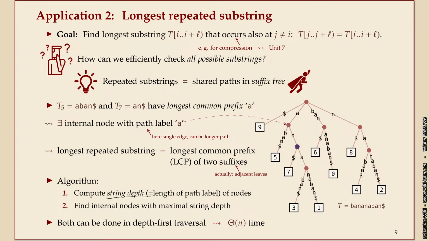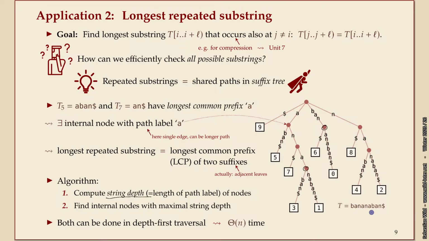So indeed, this node and this node are both deepest in the tree, even though this needs 3 edges and this is a single one. And the 2 strings that are labeled here on the path, ana and ban, are the 2 longest repeated substrings in this banana ban.